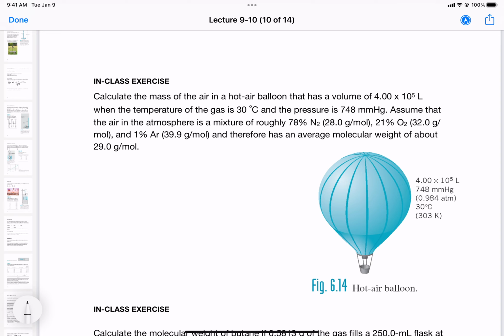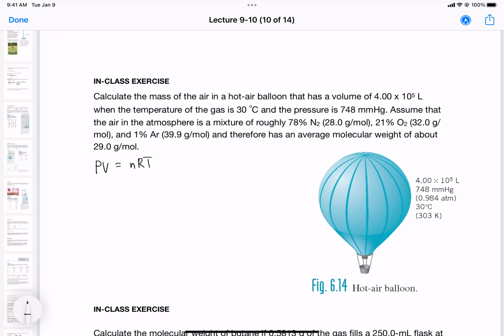Okay? So we need to calculate the mass of air. To do that, we need to find the moles of gas. And once we have the moles of gas, we can use the molar mass again to figure out the mass of air. Okay? So PV equals nRT.